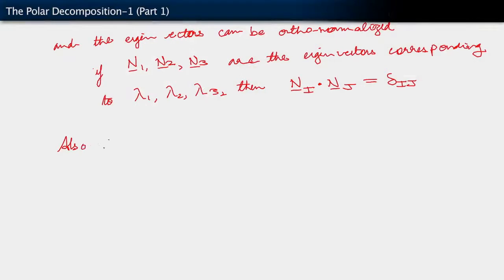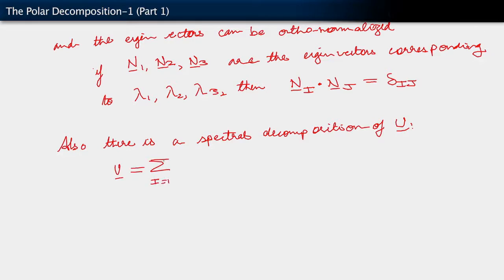Also, just like the eigenvalue problem, it's sort of a corollary of the eigenvalue problem. There is another sort of decomposition that one can write for U, and this decomposition is inherited from the eigenvalue problem, and this is that there is a spectral decomposition of U. And that spectral decomposition is that U is the sum i going from 1 to 3 of lambda i multiplying the tensor product of each eigenvector with itself.